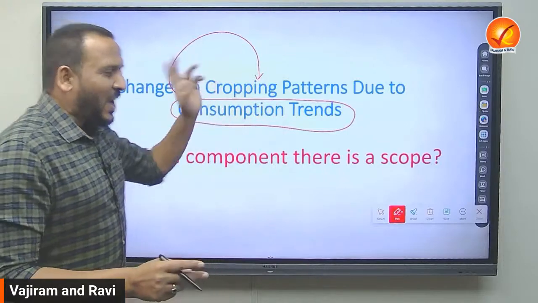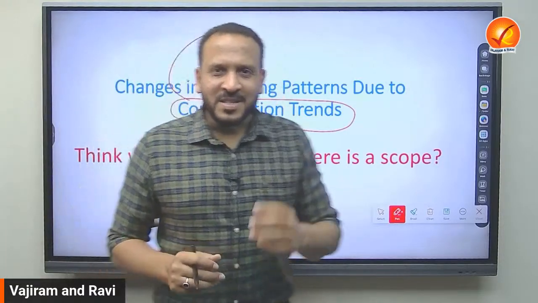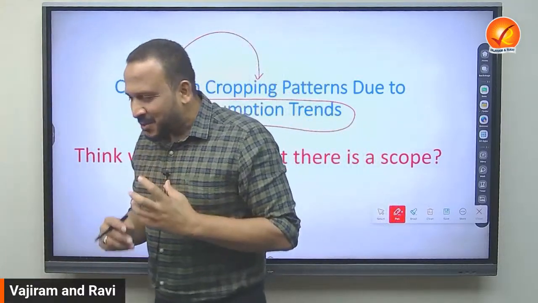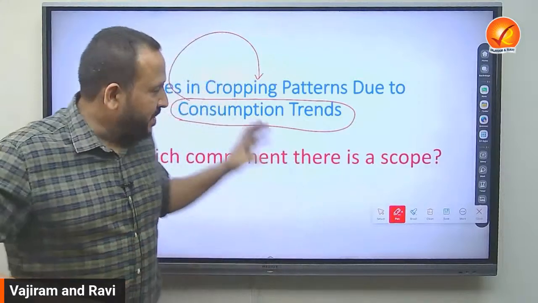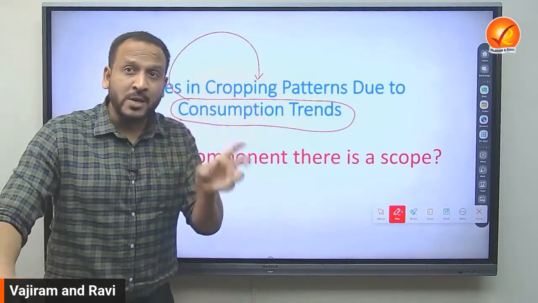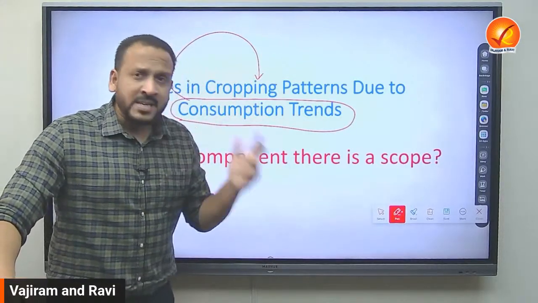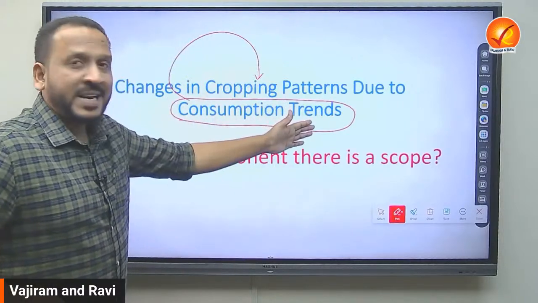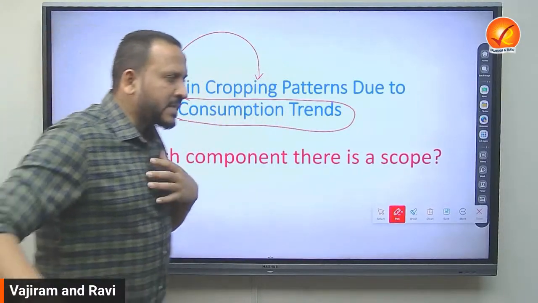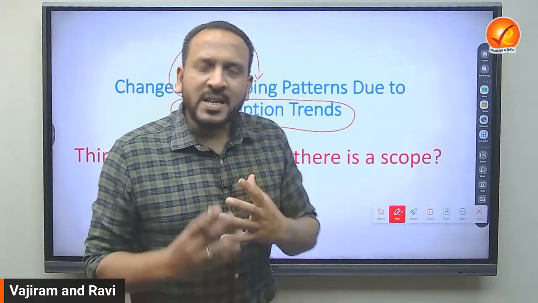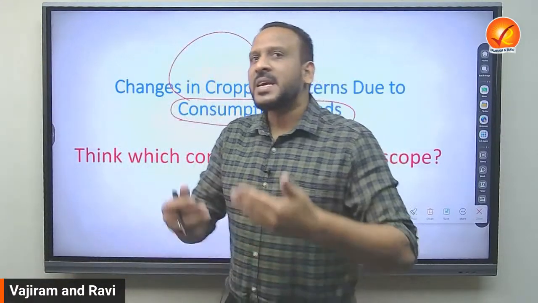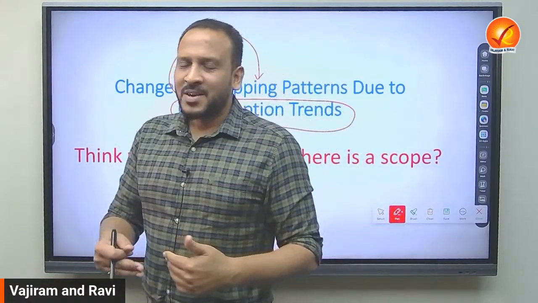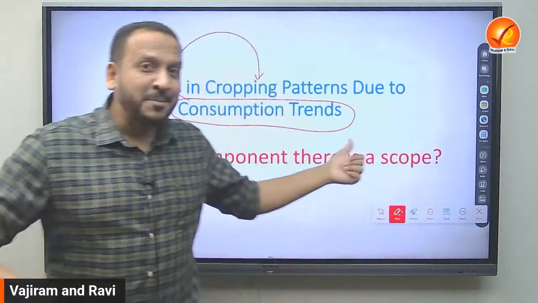So now apply some logic. This is something you will enjoy when you practice on a daily basis. You will start enjoying this process. So this consumption trend: now I will start asking the question, what are the various factors which influence the consumption pattern?